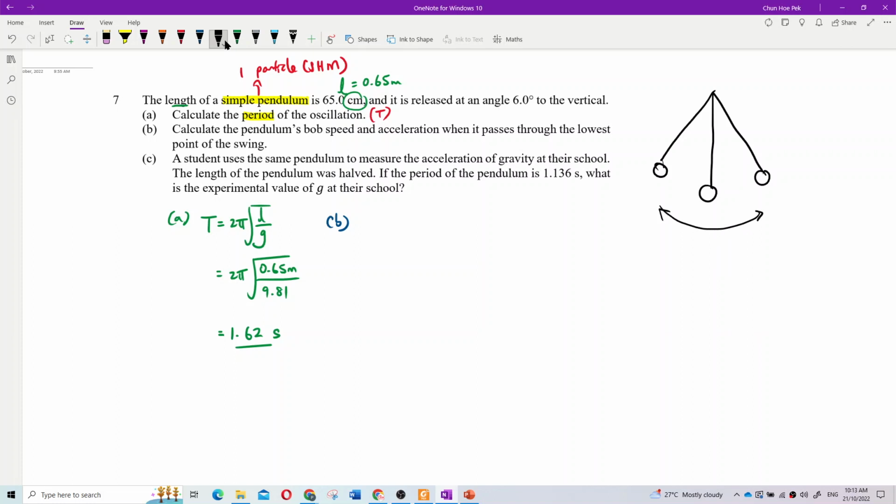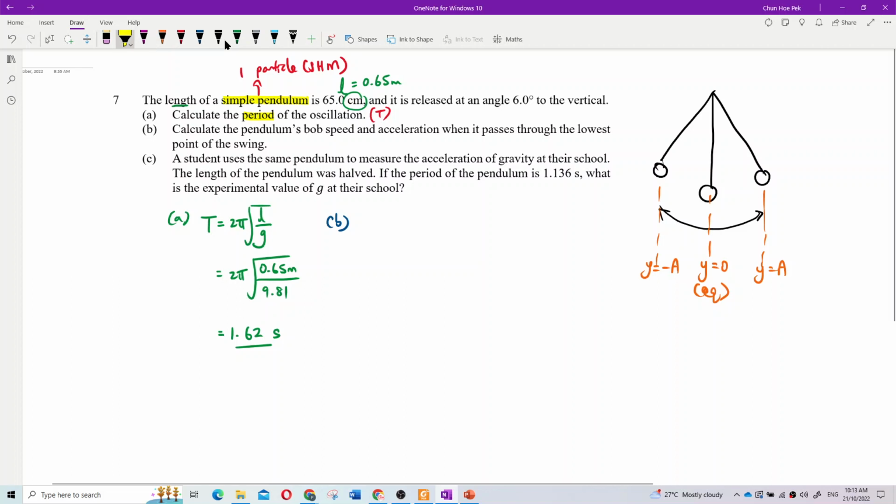So at lowest point actually is this the equilibrium kan? Betul tak? Betul. Kalau di sini amplitude. Sini negative amplitude. So this is the equilibrium position. So lowest point means over here. Okay? So lowest point the equilibrium.